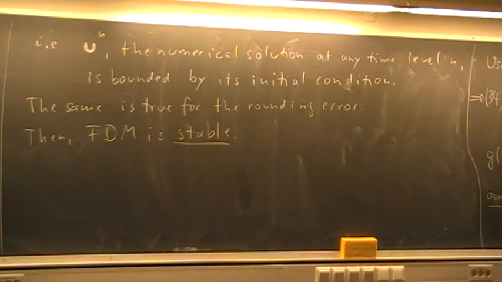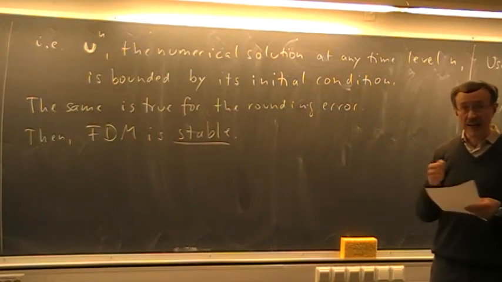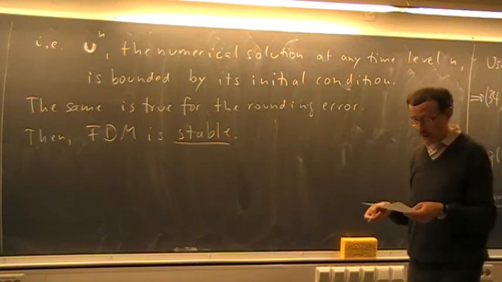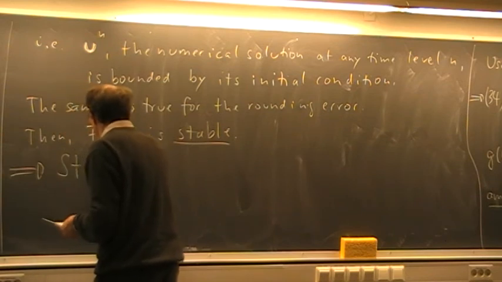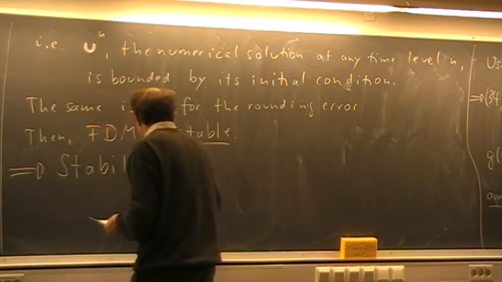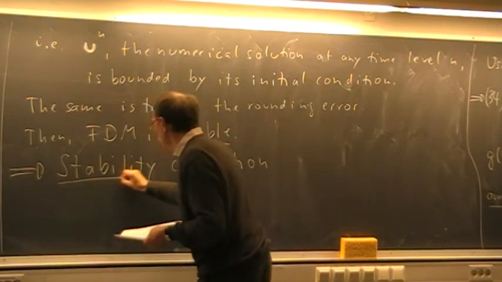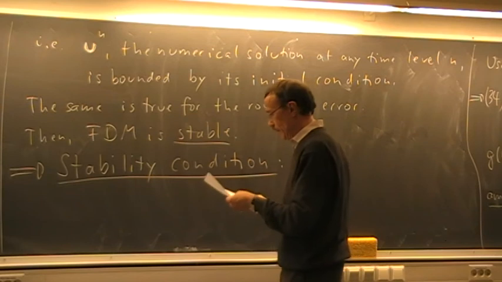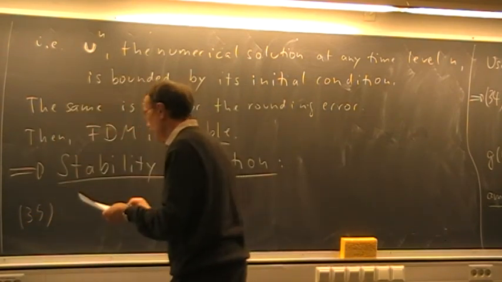And all this reasoning gives us then the stability condition, what we need to require. And that is true not only for the time-centered space, but for any finite difference method. So the stability condition is then the following. Number 5.